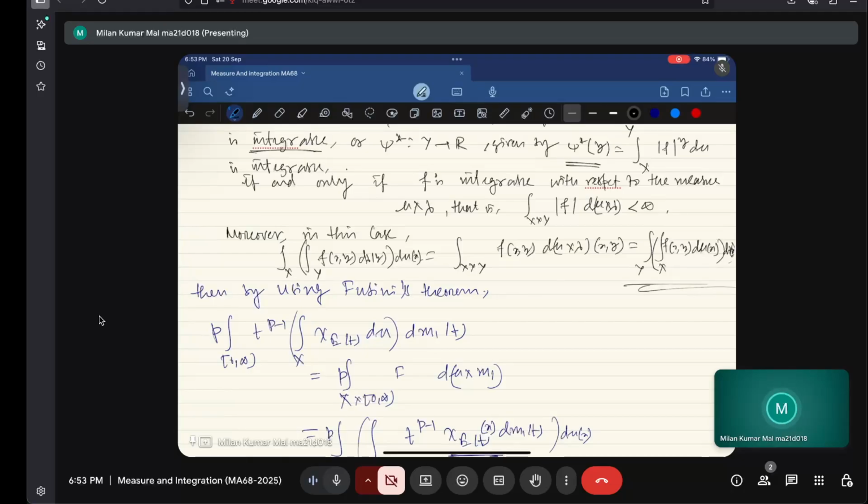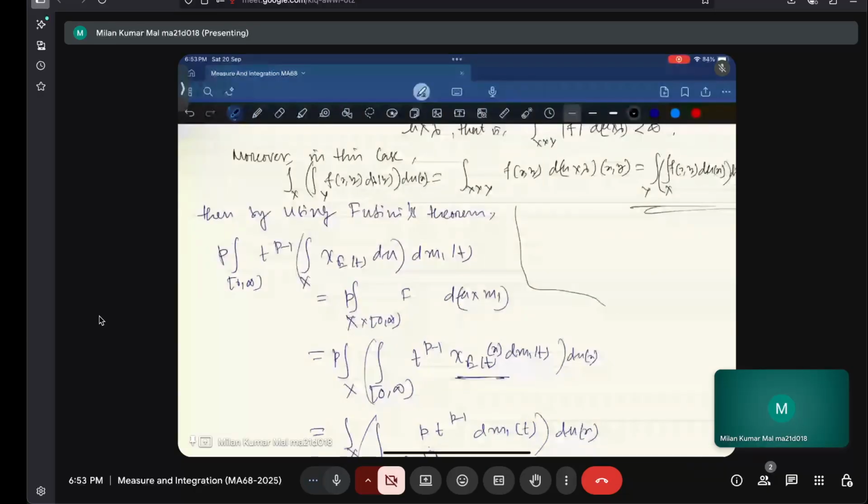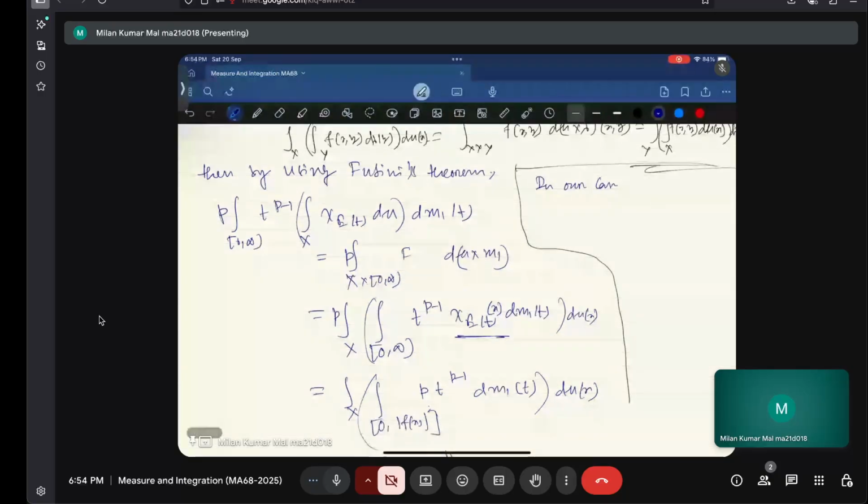So now using Fubini's theorem, in our case we have to show that Fubini's theorem is applicable.